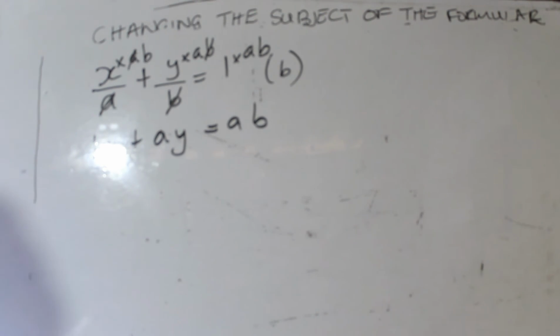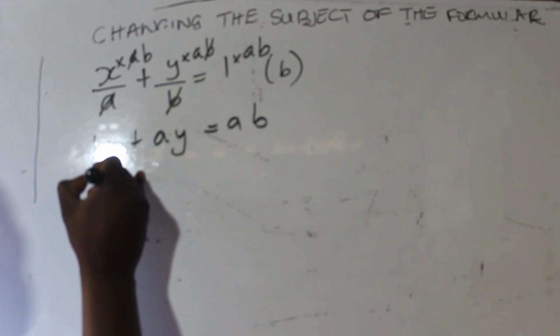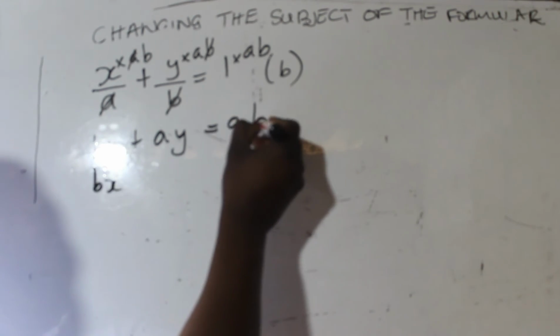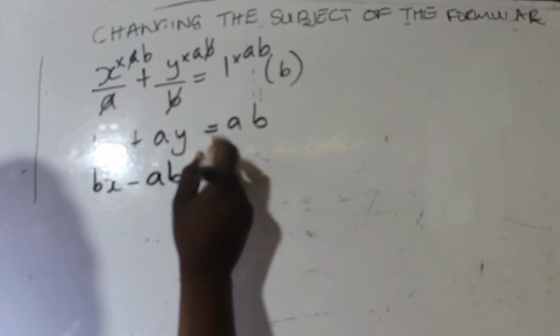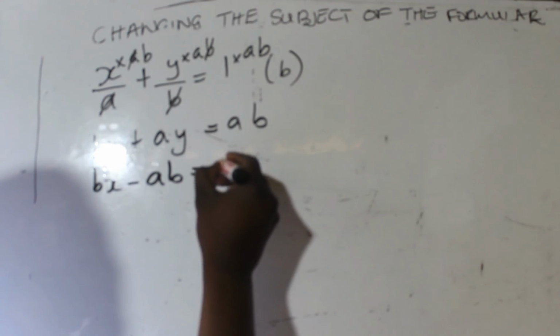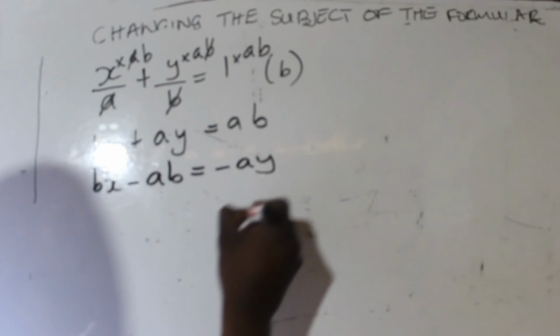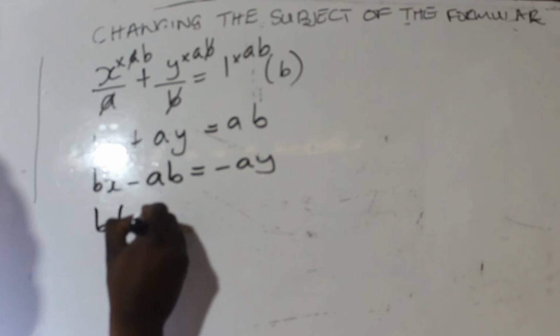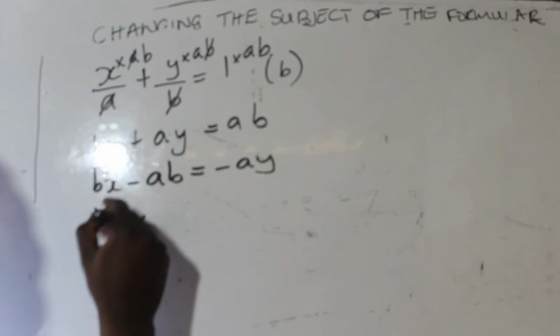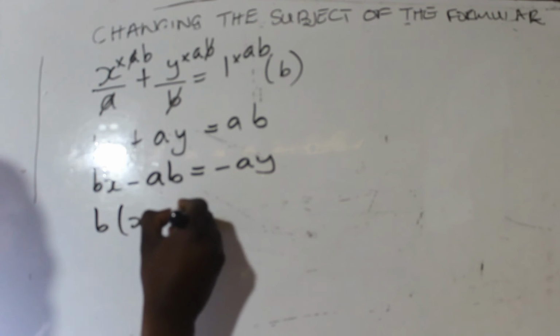Therefore, we want to make b the subject of the formula. Those with b should come on one side. So our bx, this ab will come to this side and becomes negative ab, is equals to this ay will come to this side and becomes negative ay. Here b is common, so we factor out b. b into bx is x, b into ab is a.